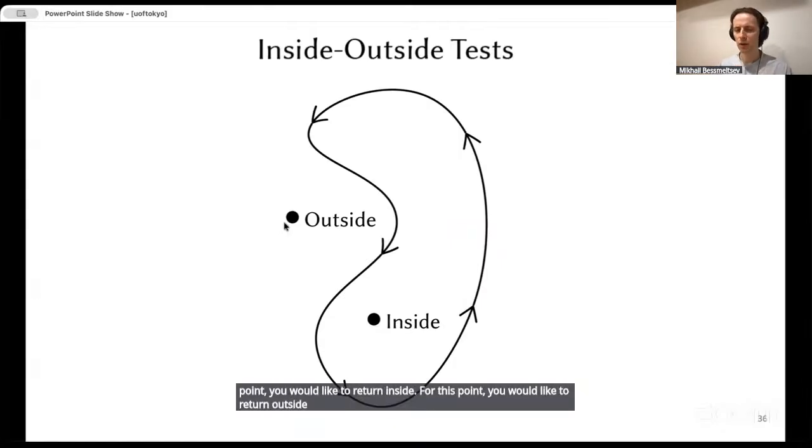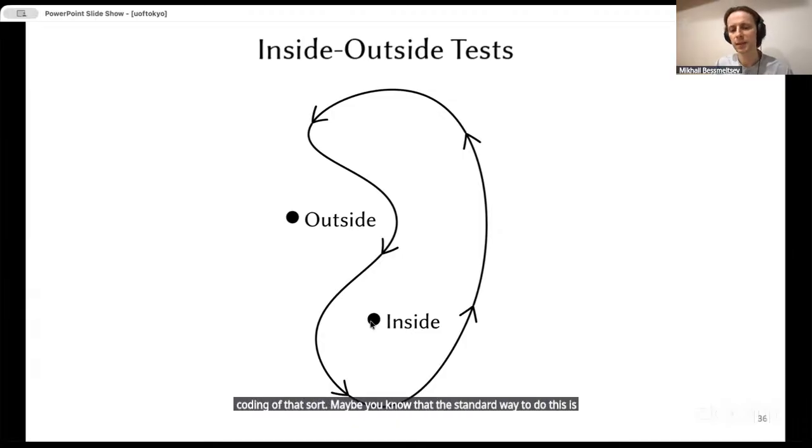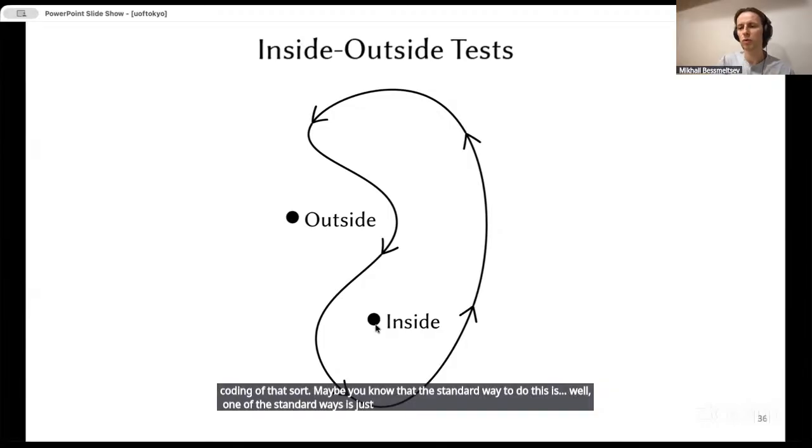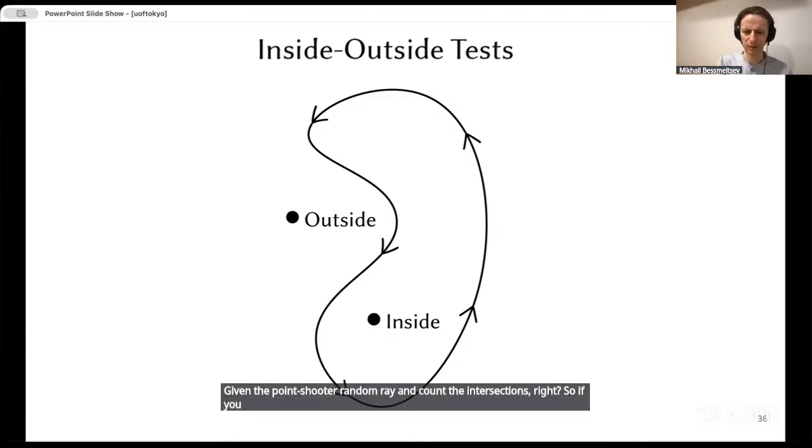Okay? So if you did any sort of coding of that sort, maybe you know that one of the standard ways to do this is, given the point, shoot a random ray and count the intersections, right? So if you shoot a ray, for example, for this ray here, you would get one intersection. So it's an odd number. That means you're inside.